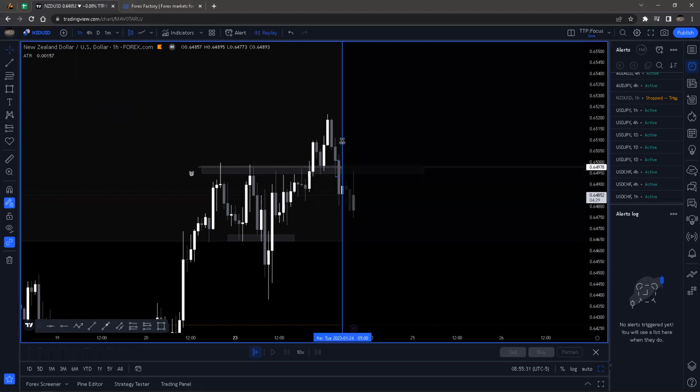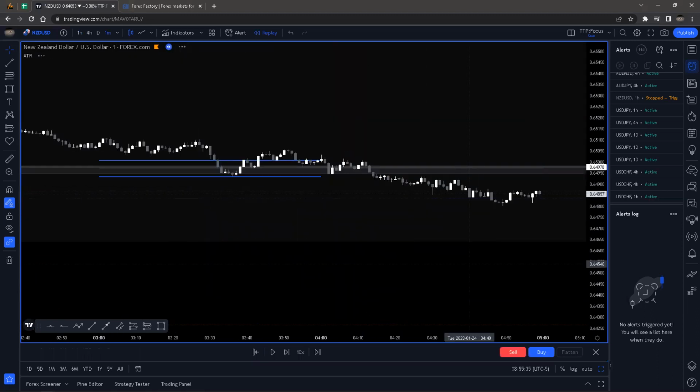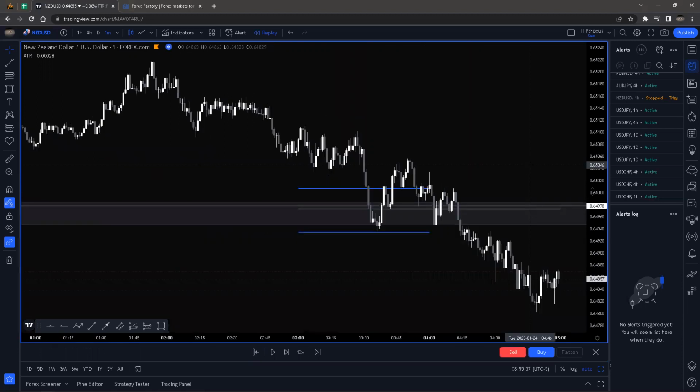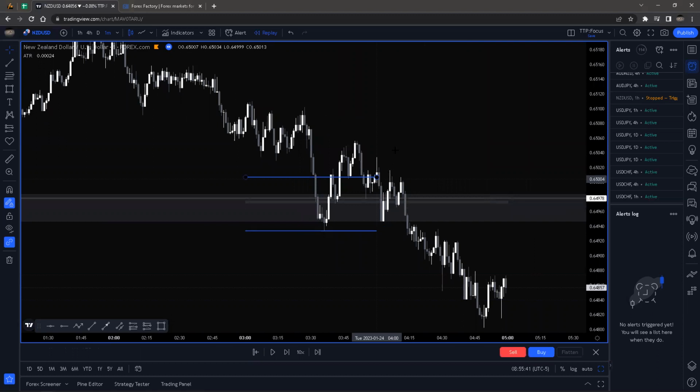So come back here just so we can look and see how price worked out. I would have waited for some sort of high to be created so it could be broken. If price wicked down here and came up here, yeah, there wouldn't have been an entry.